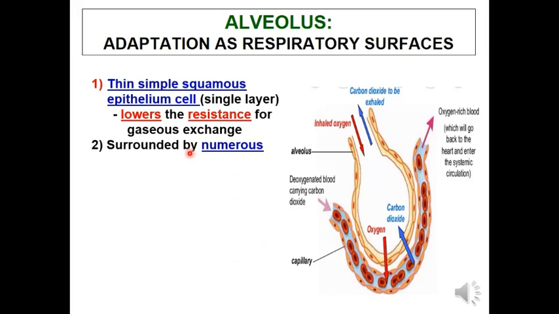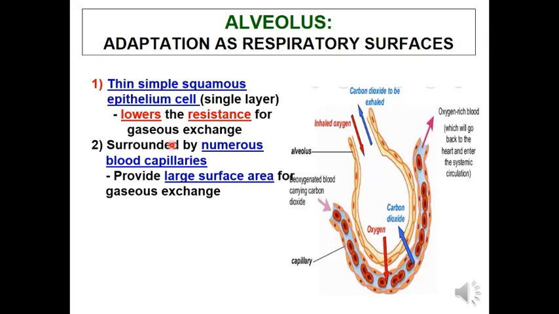Next, surrounded by numerous blood capillaries. This diagram shows only one capillary, but actually our alveolus is covered by numerous blood capillaries. This is important to provide a large surface area for gases exchange.